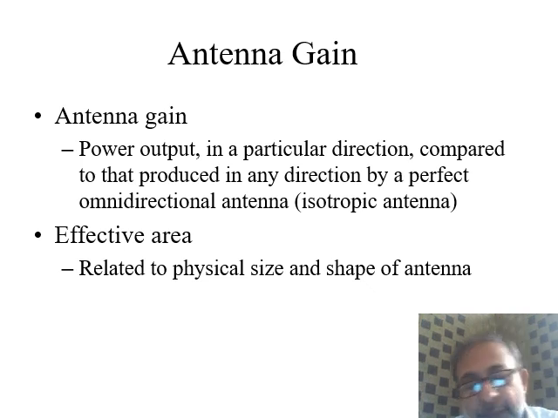Another important parameter in antennas is the effective area, which is related to the physical size and shape of the antenna. Not only the size matters, which means that if we are using a radar and we are trying to locate an aeroplane, since the size of an Airbus or Boeing 737 is quite large, it is quite easy to detect.